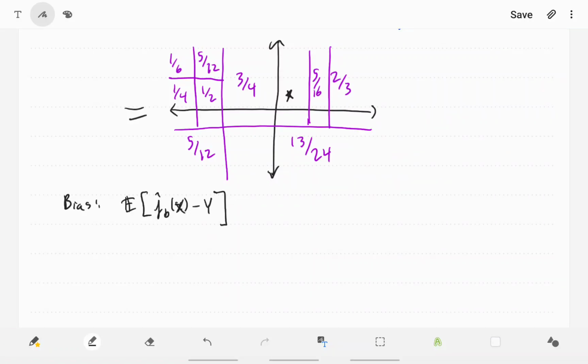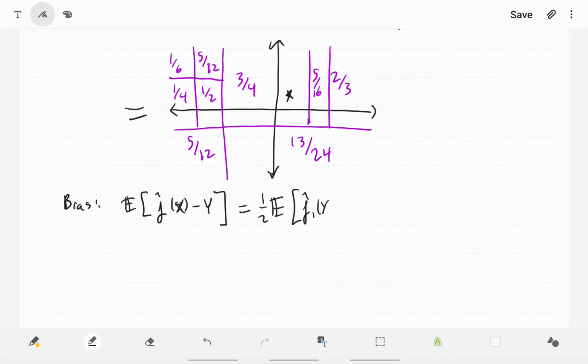Right, this is our bias. Sorry, so we're just going to consider the bias of the aggregate in terms of the bias of the individual components. So in this example that we had before, the bias of the average of f hat 1 and f hat 2 is just going to end up being the average of the biases.